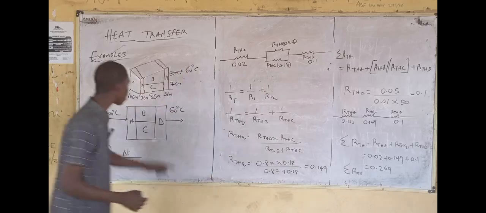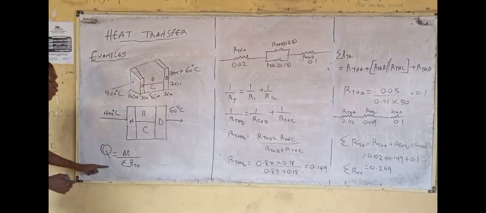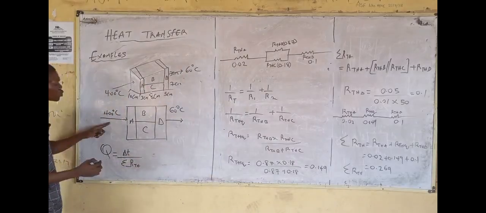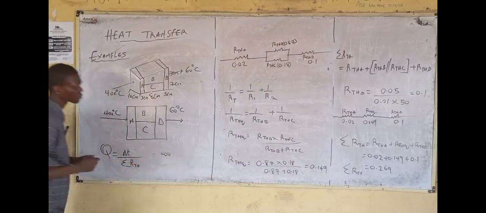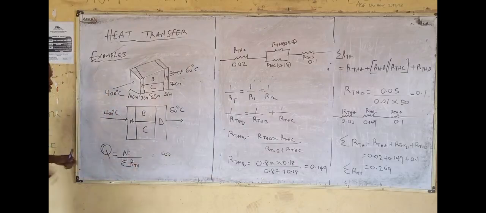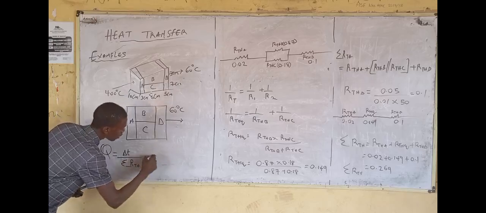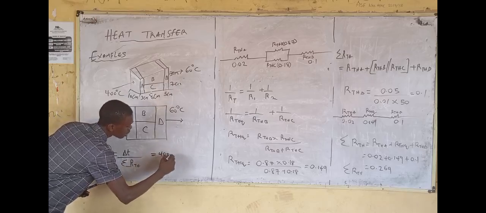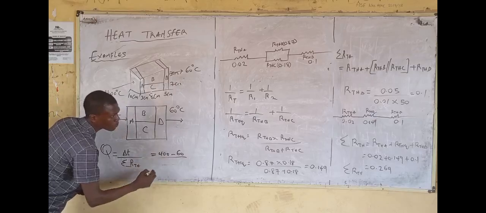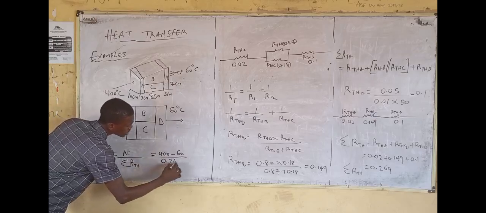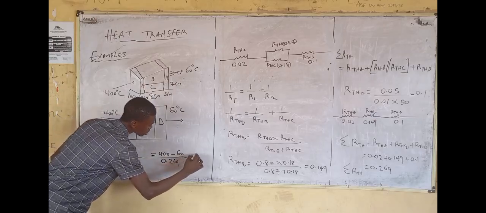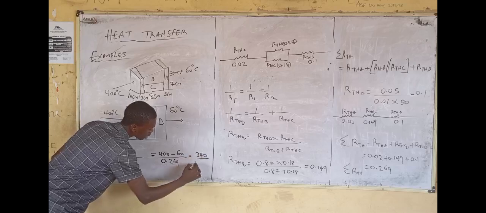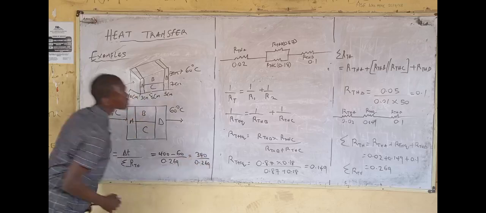So therefore, to calculate the total heat transfer using this formula, we have T1 as 400, so we have 400 minus 60 divided by 0.269. This is equal to 340 divided by 0.269. What's the value?